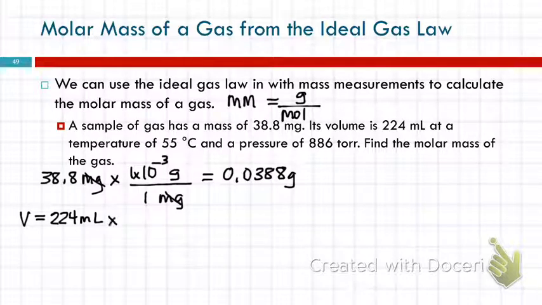Liters. So we convert this to liters. So liters on top, milliliters on the bottom. Same thing we just did with grams and milligrams. Milli still means 10 to the minus 3. So we put 10 to the minus 3 here. 1 times 10 to the minus 3 liters is 1 milliliter. So we do the math and it comes out to be 0.224 liters.